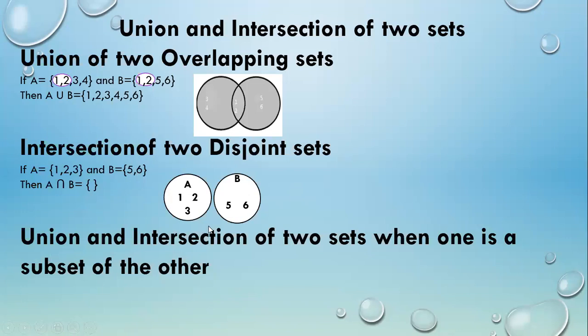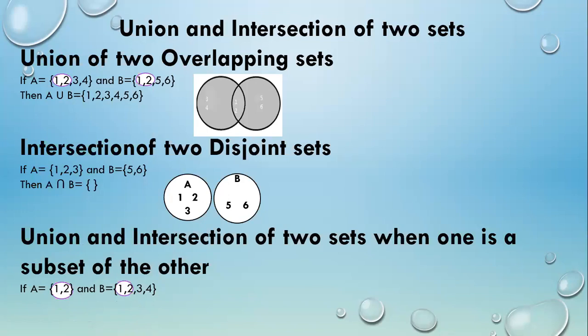Now, union and intersection of two sets when one is a subset of the other. For example, set A is 1, 2 and set B is 1, 2, 3, 4. Again, the common elements are 1, 2. Is it the same example as the union of two overlapping sets? No. Why? Because here in set A there isn't any uncommon element left.